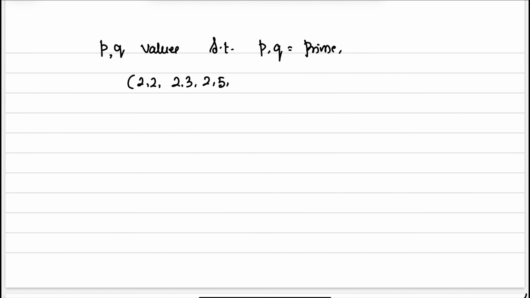Like that we will have a number of possible P, Q values such that P, Q are prime, that is 2, 2; 2, 3; 2, 5; 2, 7; 3, 3; we can go this way, 3, 5 and go on.